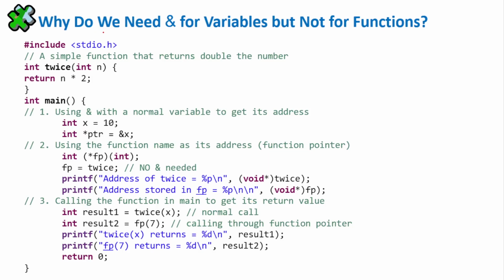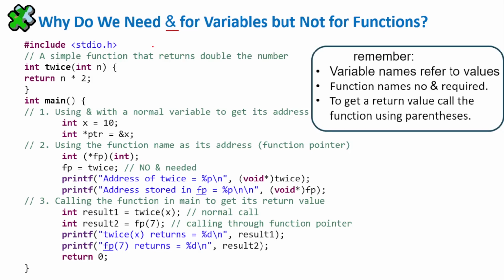Why do we need an ampersand for variables but not for functions? In C programming, there is an important difference between variables and functions when it comes to addresses. For variables, the name refers to the value, not the address. So if we want the address of a variable, we must use the ampersand operator.